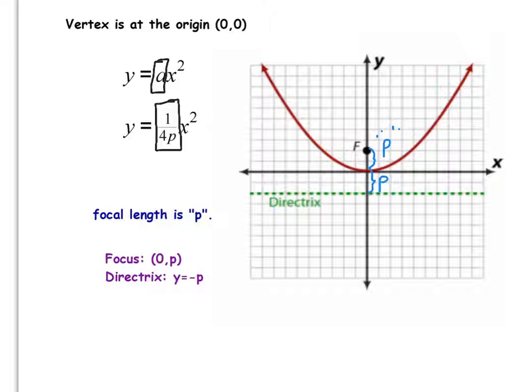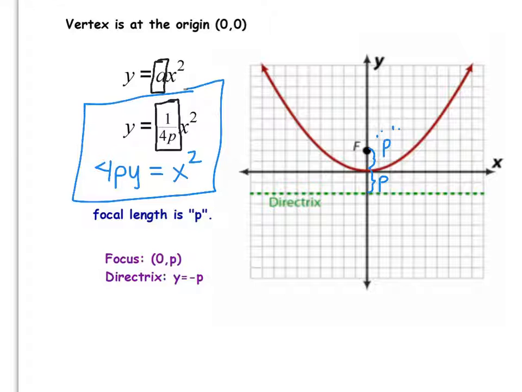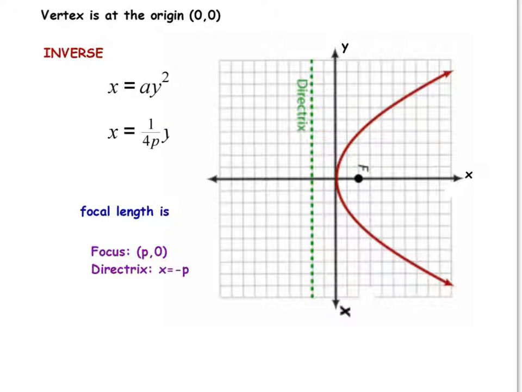You will also commonly see this written as 4py equals x squared. Simply multiplying both sides by 4p, you get equivalent equations. We can also find the inverse of a parabola by switching the x and the y.